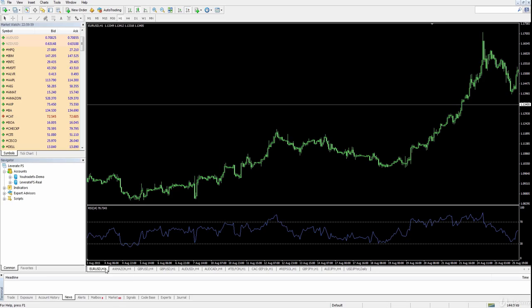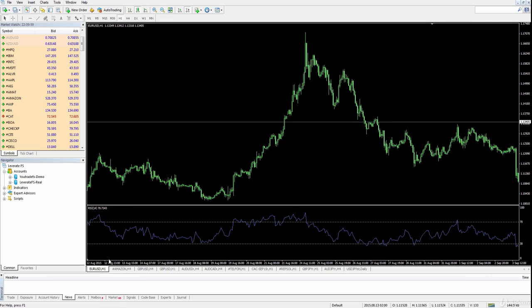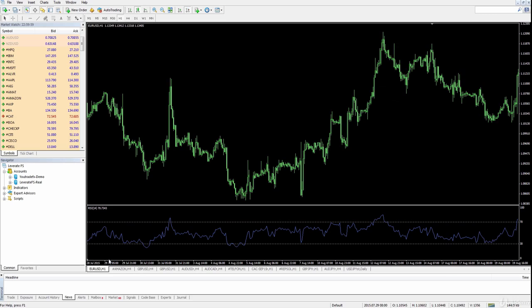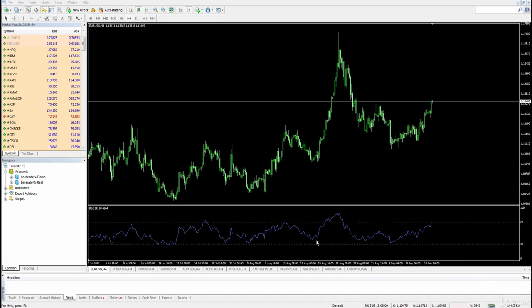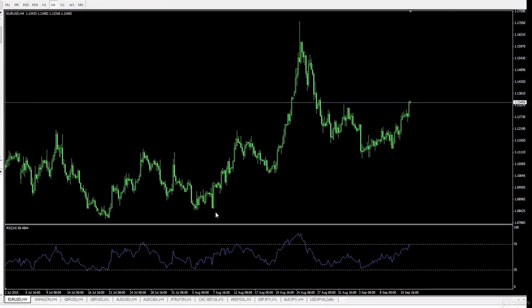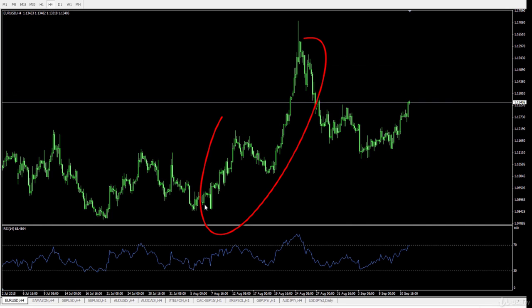We can move to the platform and open the currency pair euro-dollar to see if we can find here the trend line and also support and resistance level. Pay attention to these two rising waves. Okay, we will connect the two bottoms and get the trend line.